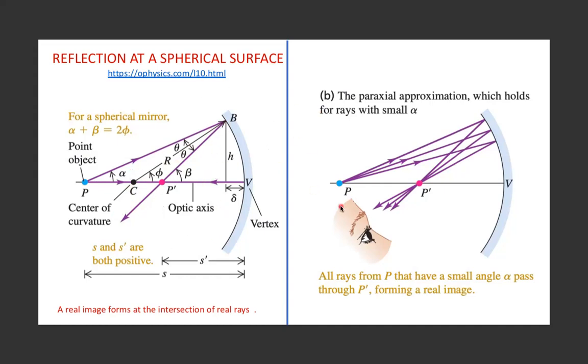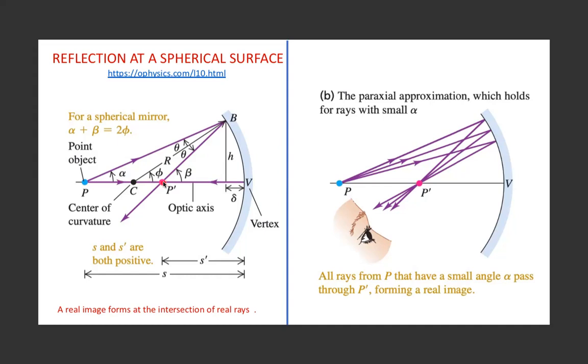So why would this thing make an image? Because at least two points coming from this source cross each other somewhere in space. This is a light ray coming from this source, bouncing back here and coming back to some point in the axis. And this guy here is reflected normal from this point, because the normal is here, so it's going to come this way and come back this way.